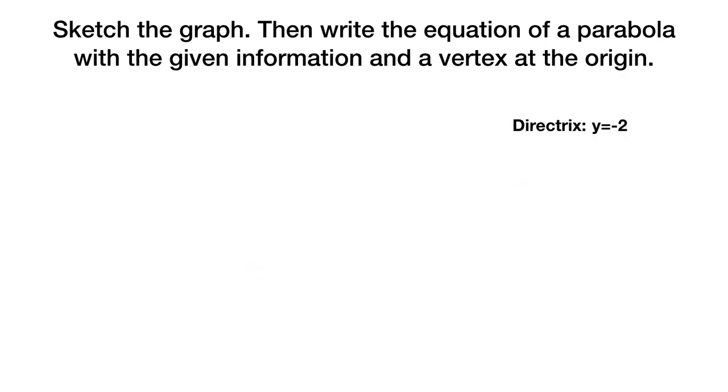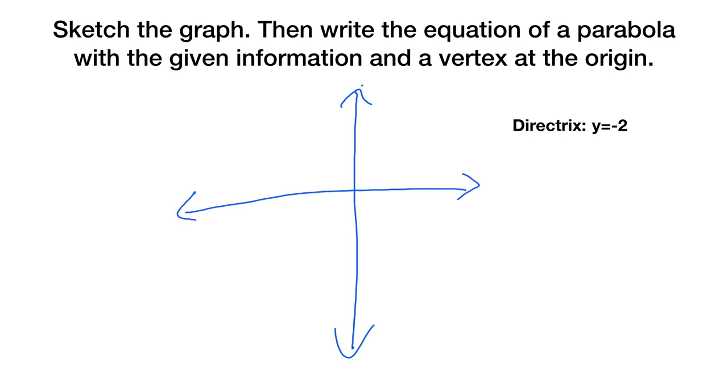Now here's our next one. The directrix is at y equals negative 2. I feel like we've already done this one, but I already know our origin's at 0, meaning our p-value is still going to be 2. Our focus, by the way, would be 0, positive 2.